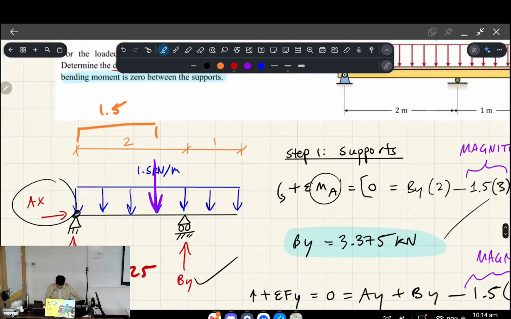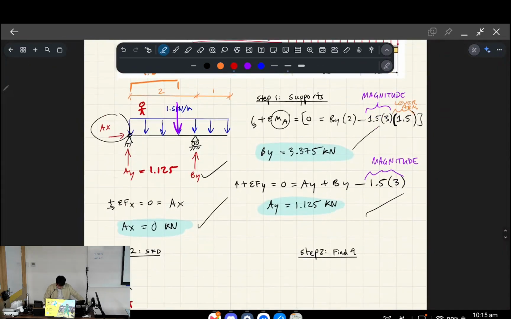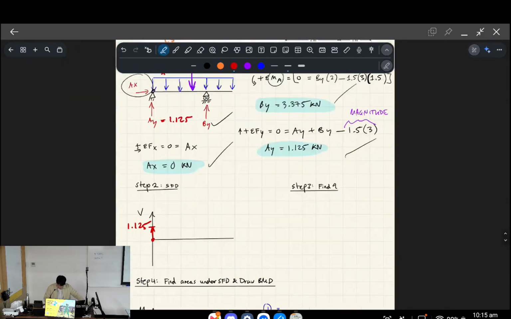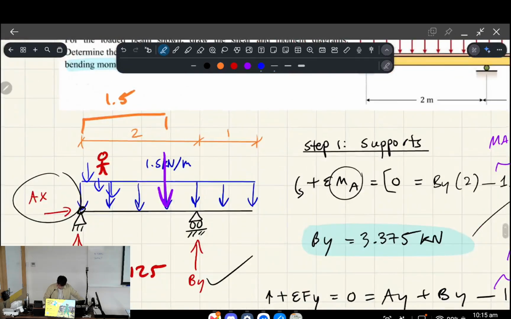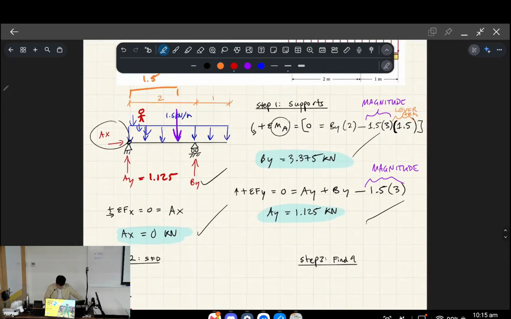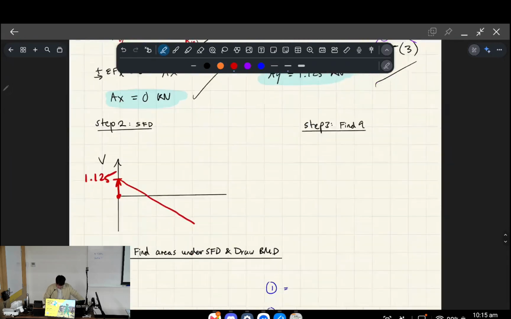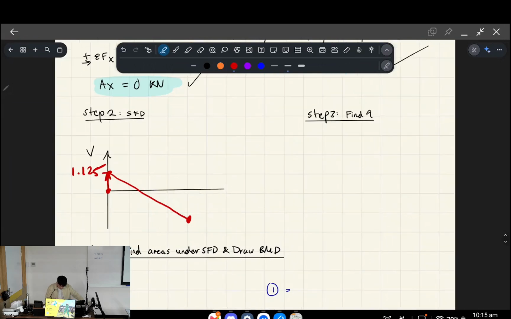But now, if we have our little man walking across the uniformly distributed load, which is on the beam, in our shear force diagram, what is happening is this man's being dragged down by the uniformly distributed load, okay? And it results in this line, okay? So the reason I stopped the line there is because something else happens at B, right? But between A to B, you have a constantly falling line, which represents your internal shear force, okay?